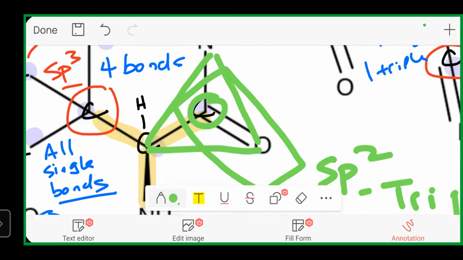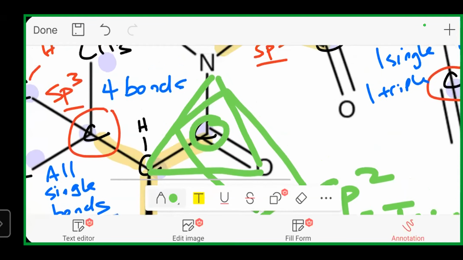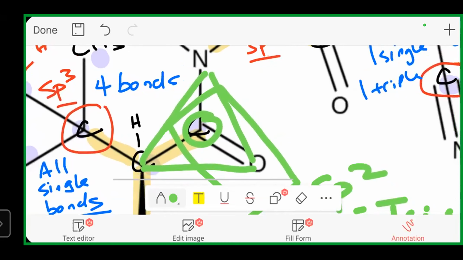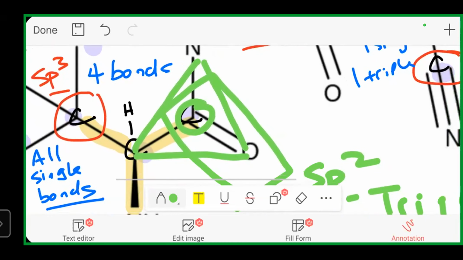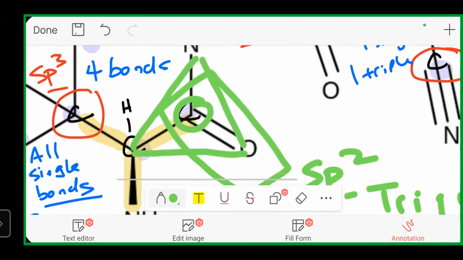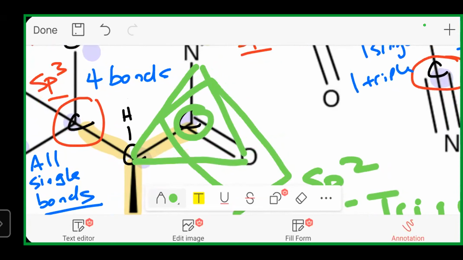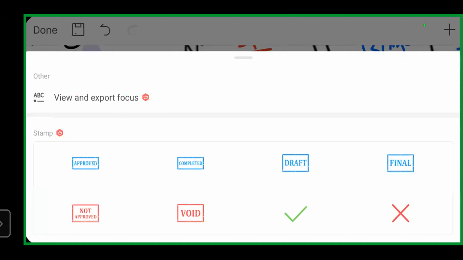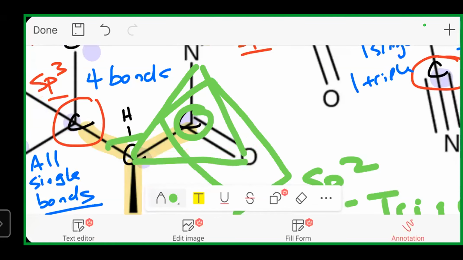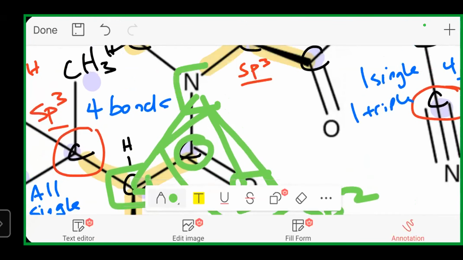If you look at this carbon, how many things are attached to it? Not how many bonds it has, how many groups are around it? 3 groups, good. So you have this group right here, the oxygen right here, and then the nitrogen right here. Is that right?